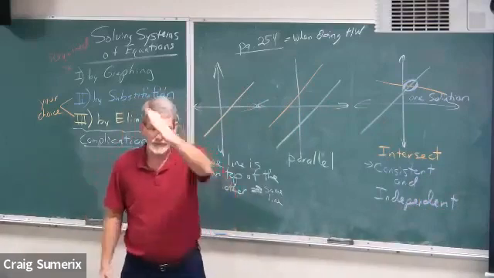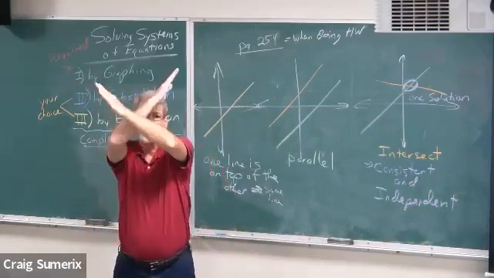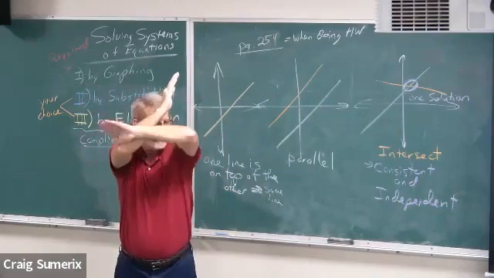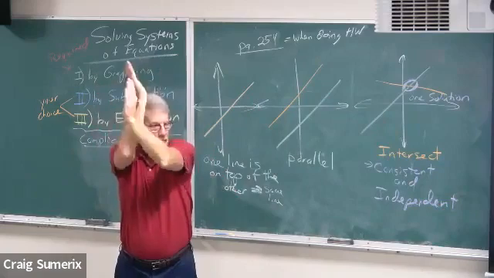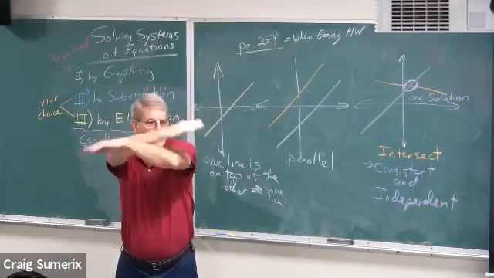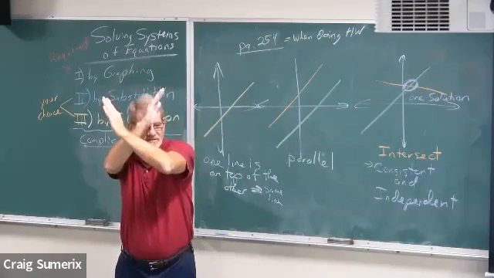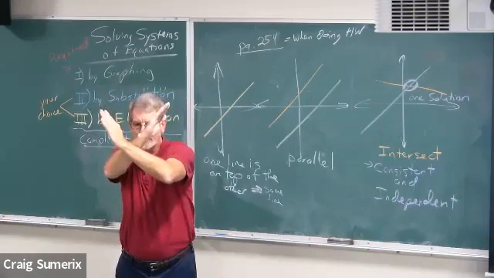Visually, if this is one of my lines and this is the other line, I can move one of them and I still only have one intersection point, don't I? So they're independent because they can move, but they're consistent because they have one point where they cross.